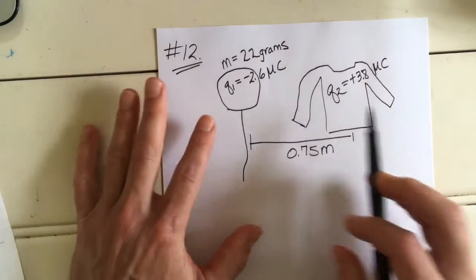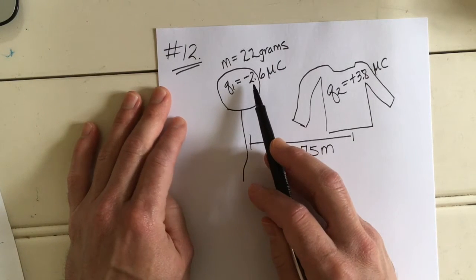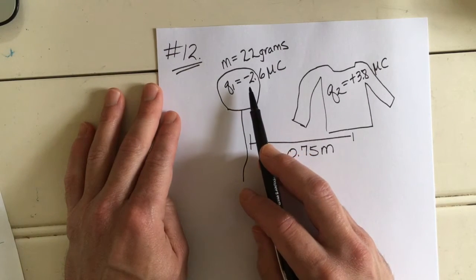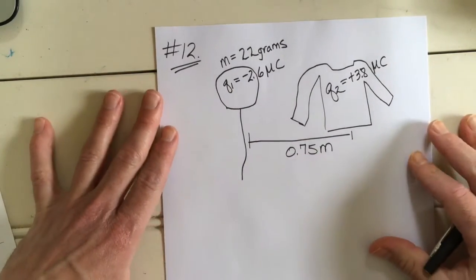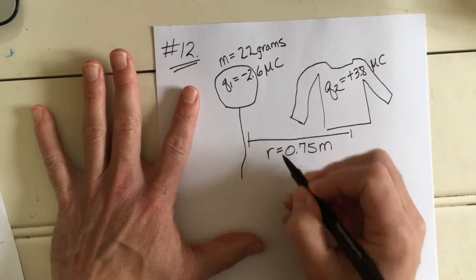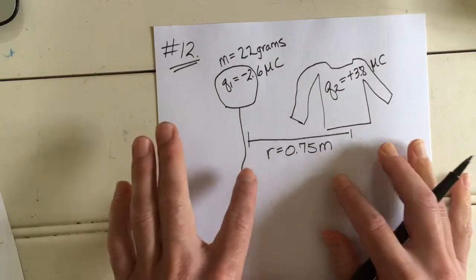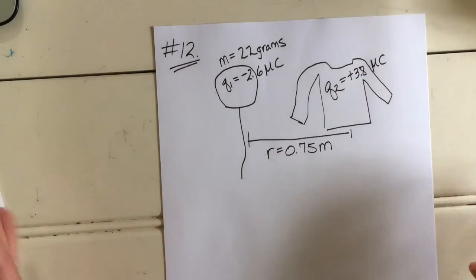Okay, but we don't have anywhere near 1 Coulomb. We have a much smaller amount of charge. We have 2.6 microcoulombs. So you can probably see where I'm going with that, because R checks out as being okay. It's in meters. Here, this being in microcoulombs just isn't going to work.